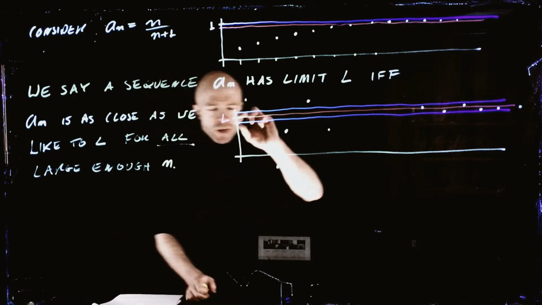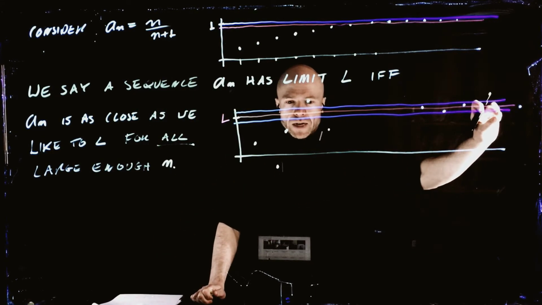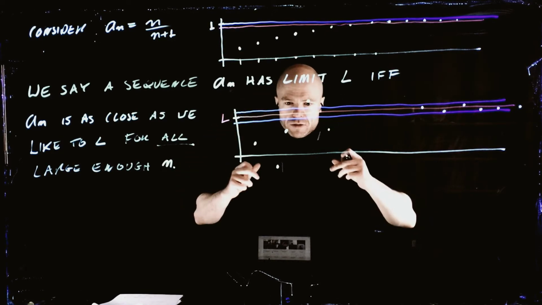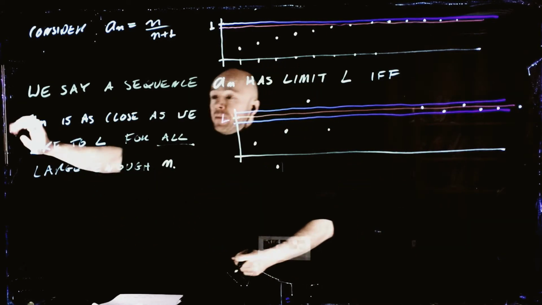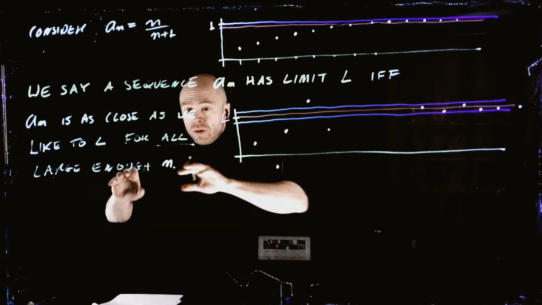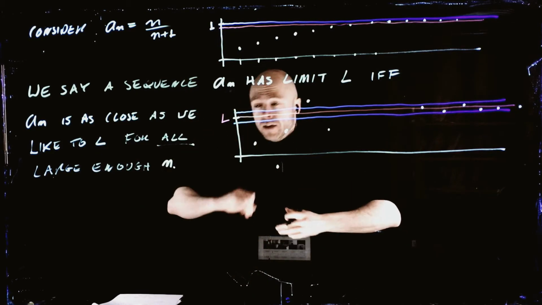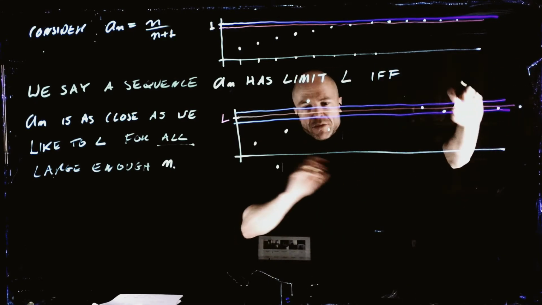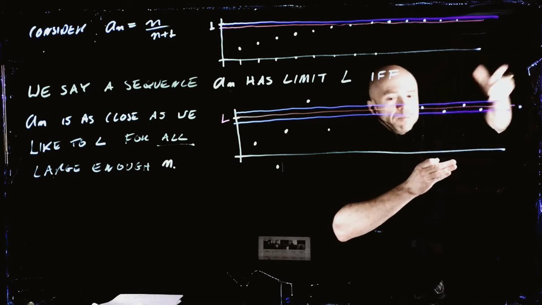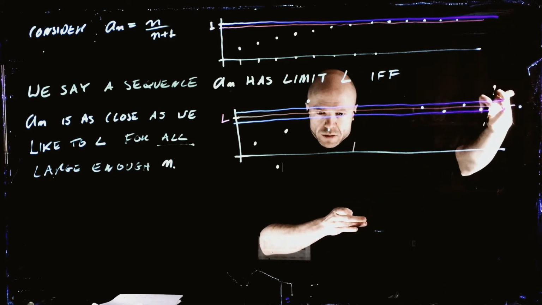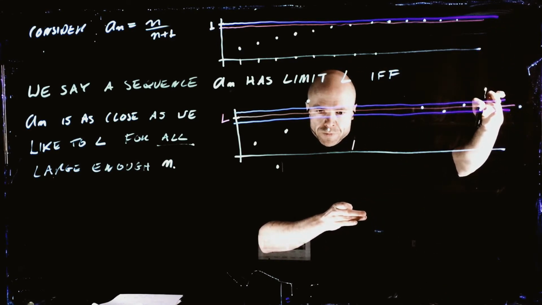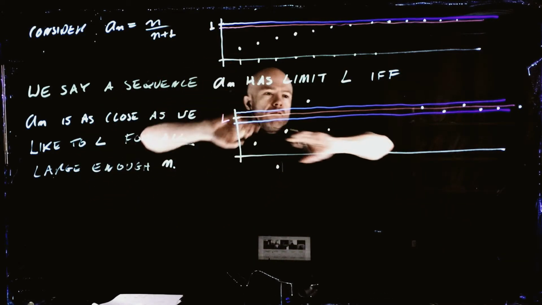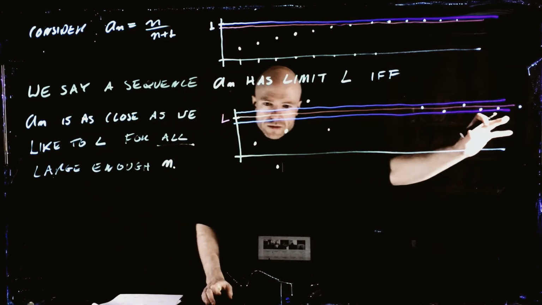So as close as we like means that we can take any thin strip around this of any thinness at all. That's the meaning of the words as close as we like. And for all large enough n means that there is some number along the natural numbers, whatever that number is, such that for everything bigger than that number, we're inside that thinness. So the picture that represents this is exactly this.